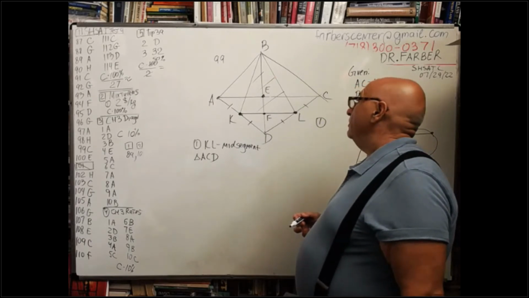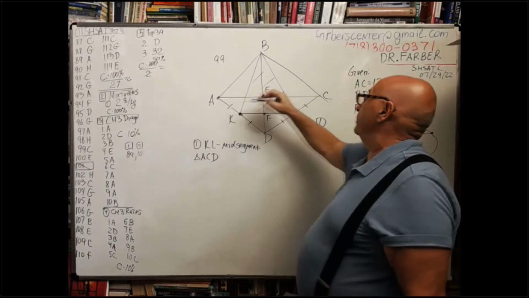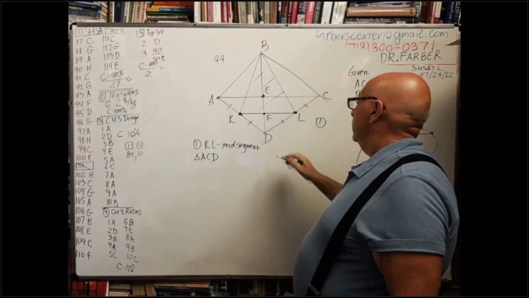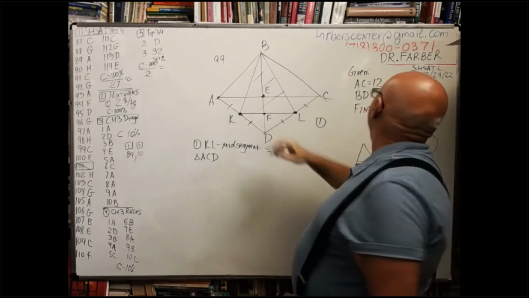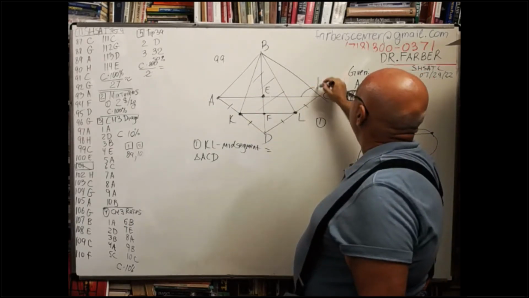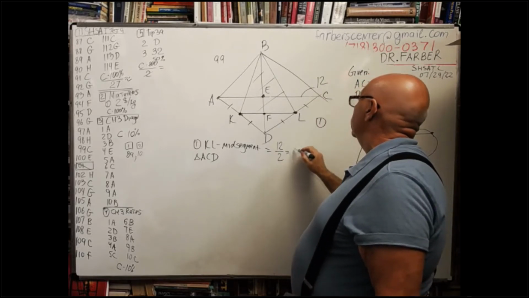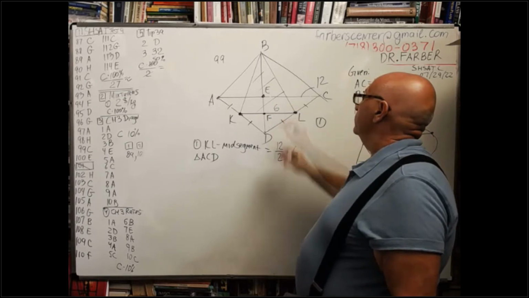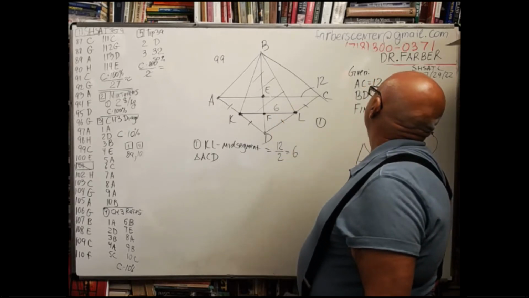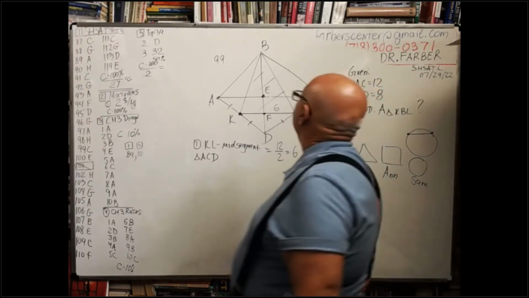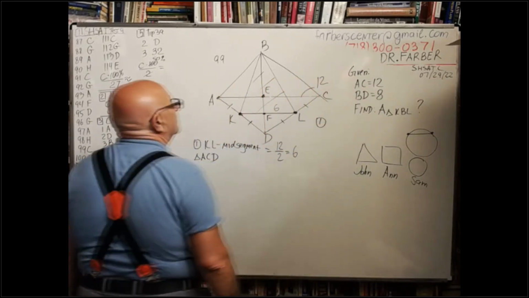And property of mid-segment: mid-segment is always parallel to this side and equals half of it. So if this side is 12, this mid-segment is 12 over 2, which is 6. Now we know this is 6. So far so good. Any questions?